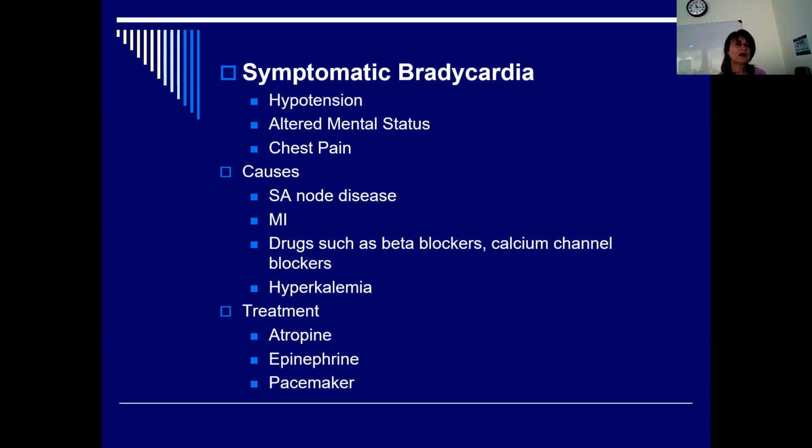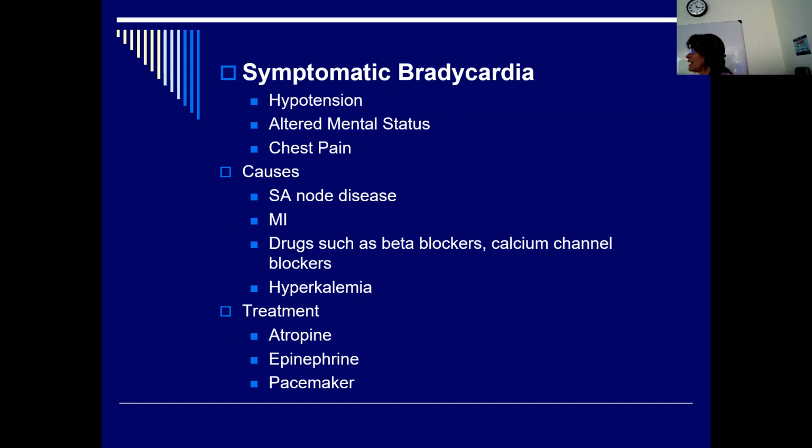All right, so what can cause a sinus bradycardia? Why isn't the heart pumping faster, since obviously the patient needs to have a faster heart rate? The first one says SA node disease. So remember that the SA node is fed by two different arteries, right?